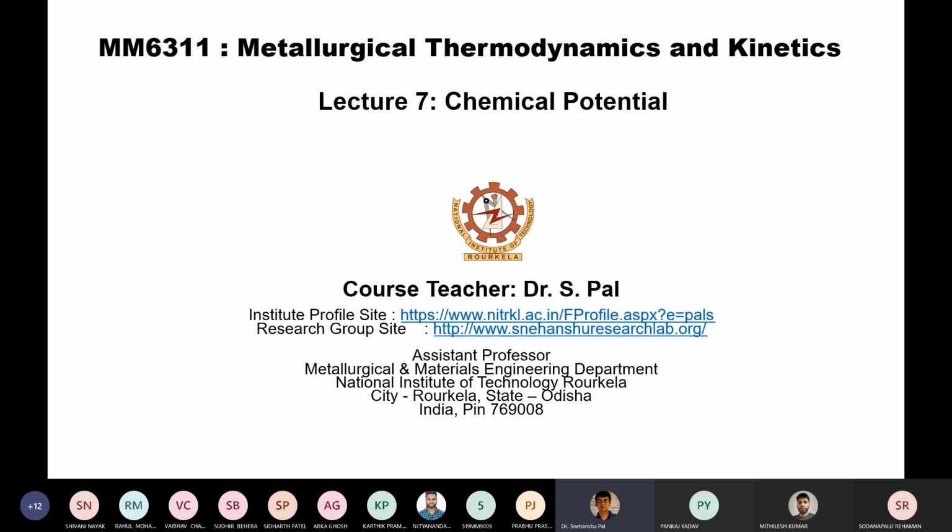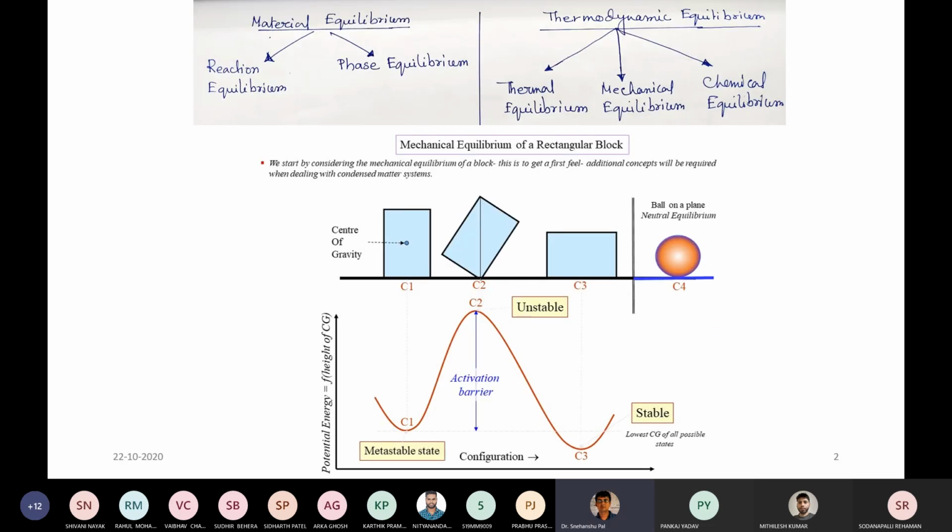For that, first we have to understand the different kinds of equilibrium, because this is very important. There are two kinds of equilibrium you can think of. One is material equilibrium. What is it? If you are talking about material equilibrium, you are talking about the number of moles of each substance. Whatever substances are present in the closed system remain constant with respect to time.